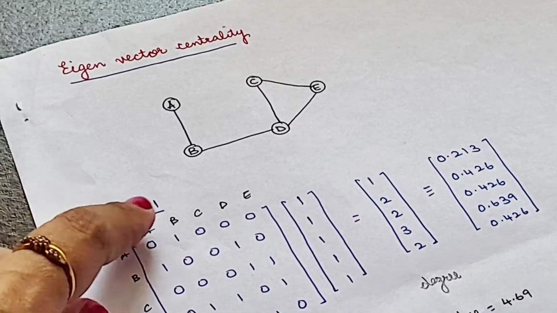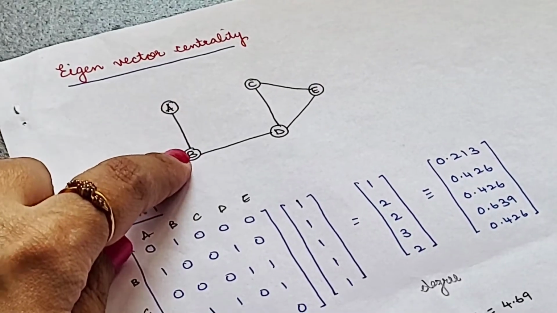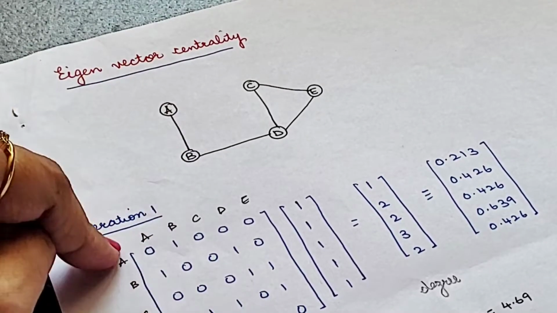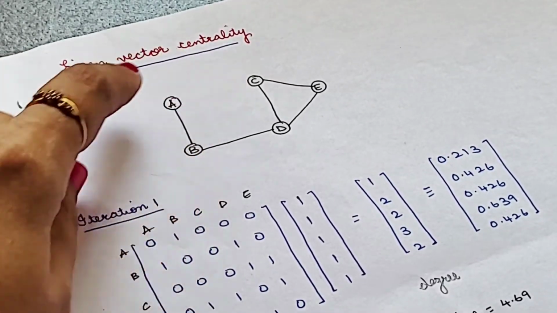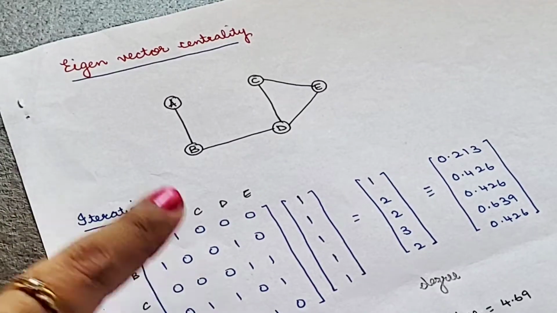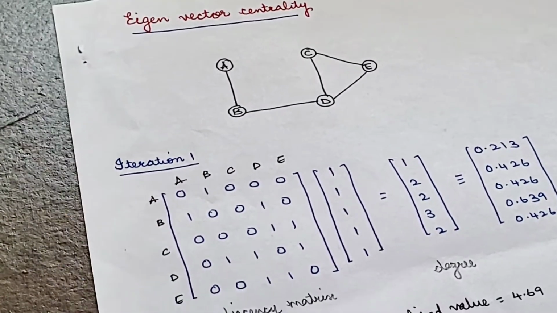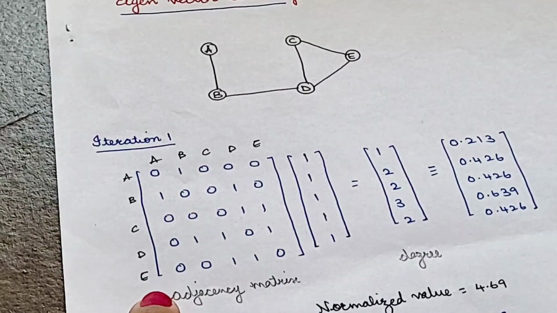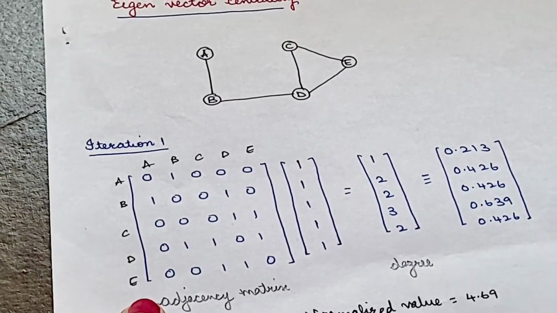Then check for A to B. Yes, we have a single edge, so the value assigned is 1. Again, A to C, we do not have any edge, so the value assigned is 0. Similarly, A to D, A to E, and so on. In this way, we have written a complete adjacency matrix based on nodes and their edges.